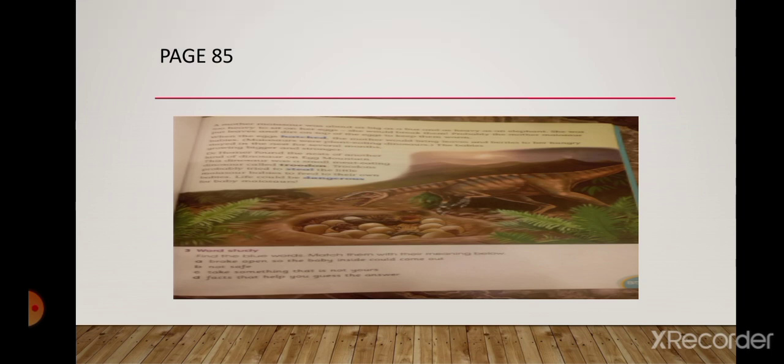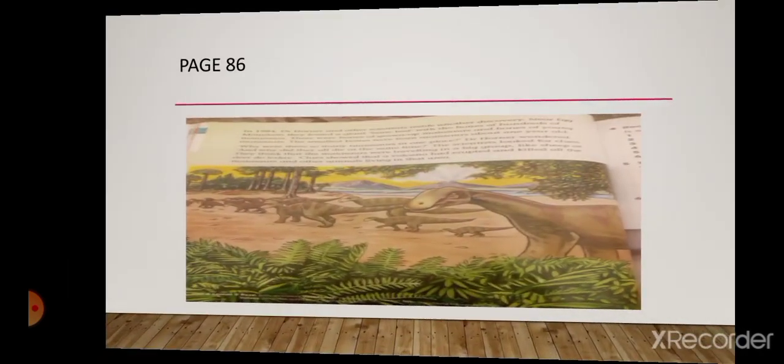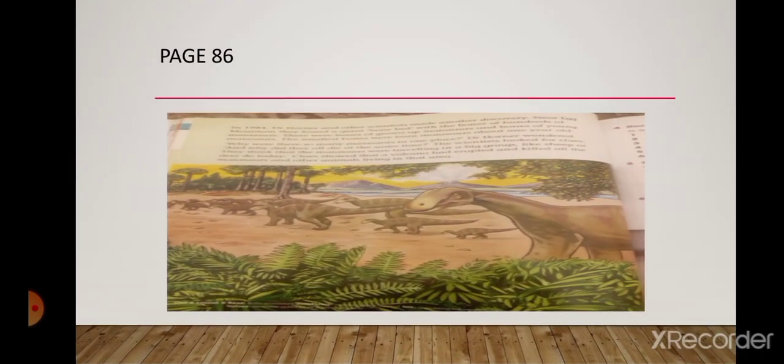Come back to Learner's Book, page 86. In 1984, Dr. Horner and other scientists made another discovery. Near Egg Mountain, they found a giant bone bed with the bones of hundreds of Maiasaura.